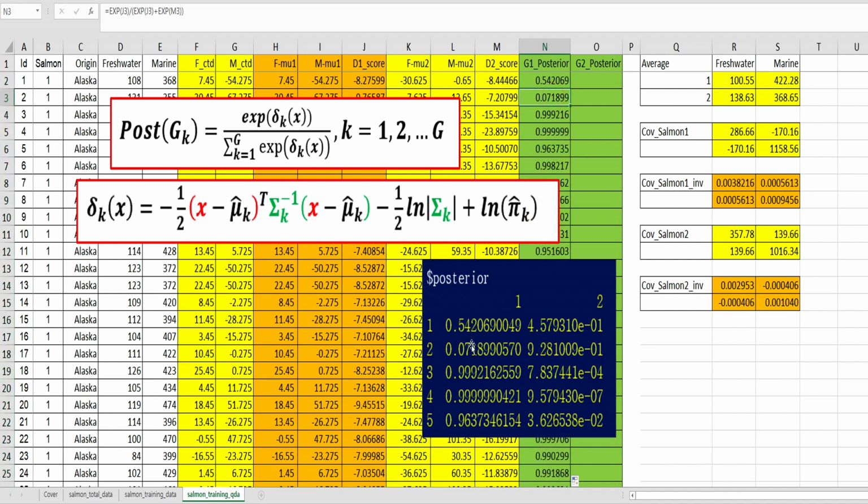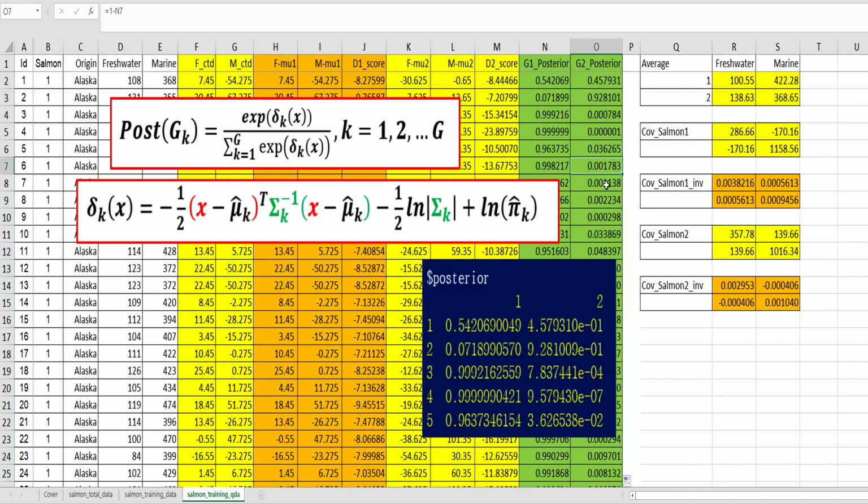Okay, this is the first 5 posterior probability for these 5 data. So as you can see, we were able to get posterior probability by using this delta calculation. Again, group 2 posterior probability can be calculated by 1 minus group 1 posterior probability, right? Because the sum of each group's posterior probability is equal to 1.